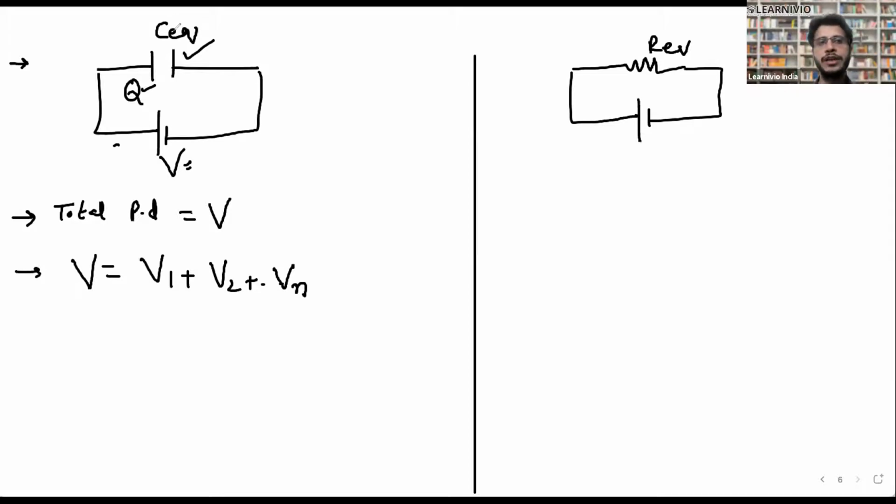Can you write V in terms of Q and C equivalent, Fatma? Q by C equivalent. Q by C equivalent is V. Good.